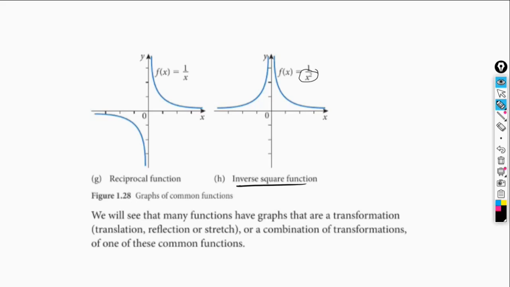Because x is squared, it means that this will always be greater than 0. And that is why if you look at the reciprocal function, the left portion of it, the portion before 0, is negative. But in this other function, 1 over x squared, this portion is now positive.